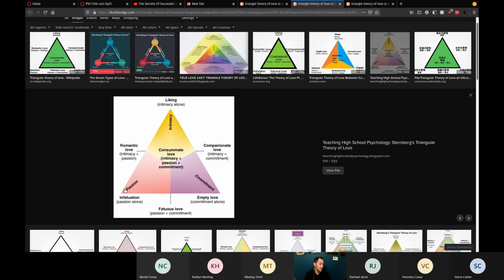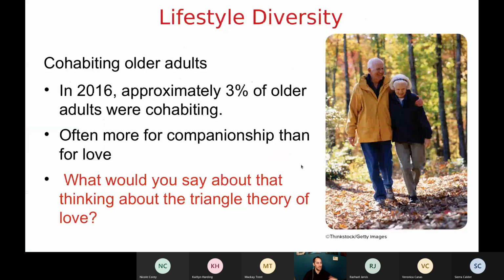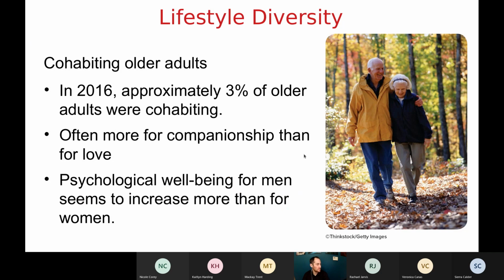So passion could definitely still be a part of it, even if it's on average less frequent, because there's still some people in the multiple days a week category, even in late adulthood. So this is one of those aspects of seeing ageism come into this and seeing two theories looked at differently. The triarchic theory says, hey, companionate love is a love. So I just wanted to point that out in this finding here.